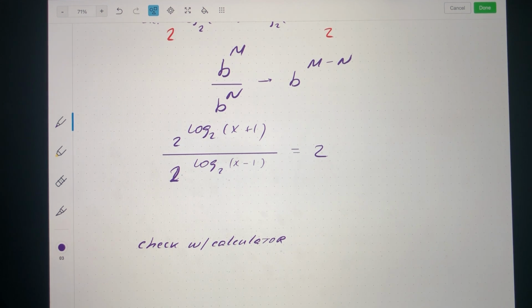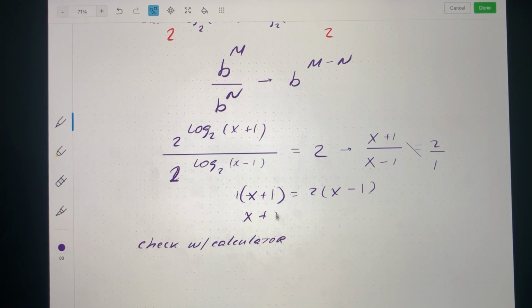And now the logs and the 2's cancel off, leaving us with x plus 1 divided by x minus 1 is 2. At this point we can cross multiply. 1 times x plus 1 is 2 times x minus 1. x plus 1 is 2x minus 2.